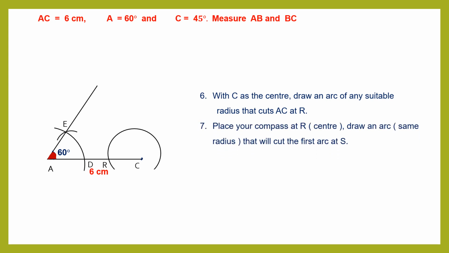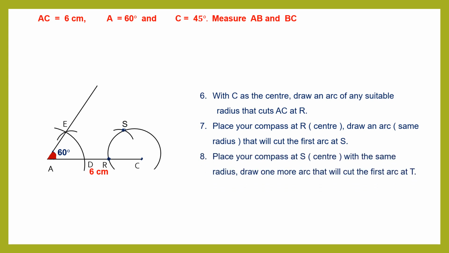Now place your compass at R and draw an arc that will cut this first arc. It has cut the first arc at a particular point and we're going to name that point S. Next, place your compass at S now.